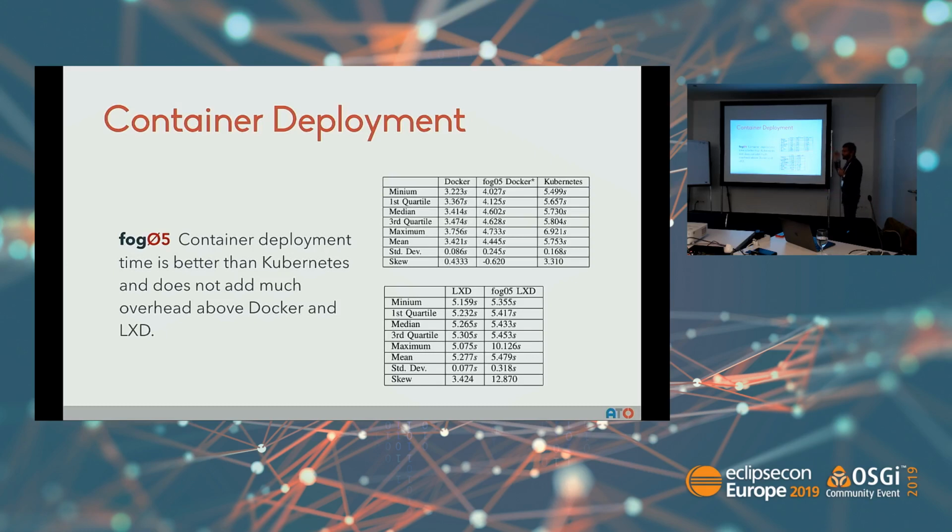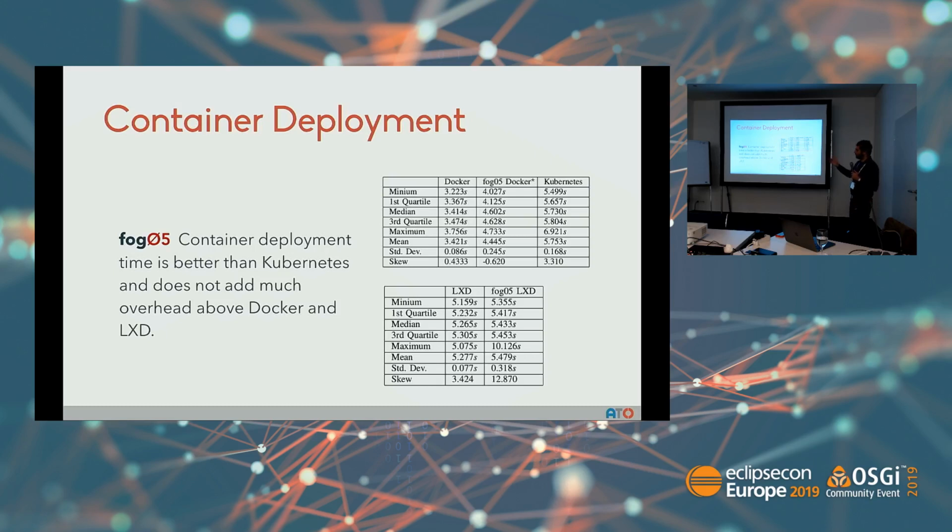I mean, if you just take 30 seconds to start something, maybe it's better if you start using containers. So what we have done, we have implemented in fog05 the LXD plugin, which is the Linux containers one, that is a little bit different from the Docker one. And then we implemented a first very basic version of the Docker container for fog05. And then we tried the deployment time.